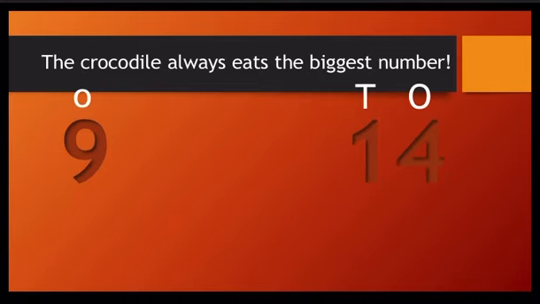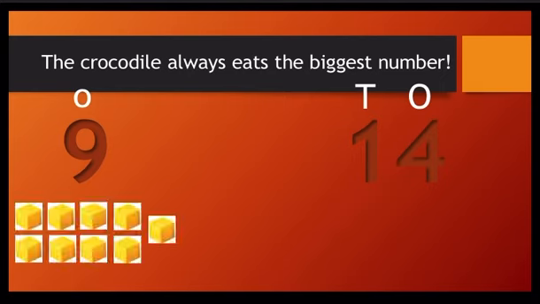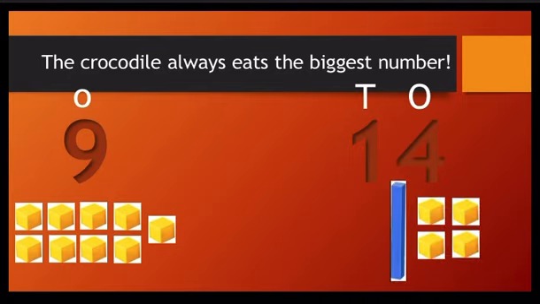And if we were using our base 10, or if you were at home using your own things, but on here I've just got base 10. If I wanted to show you that, then I would have 9 ones there, and for 14, I would have 1 ten and 4 ones.